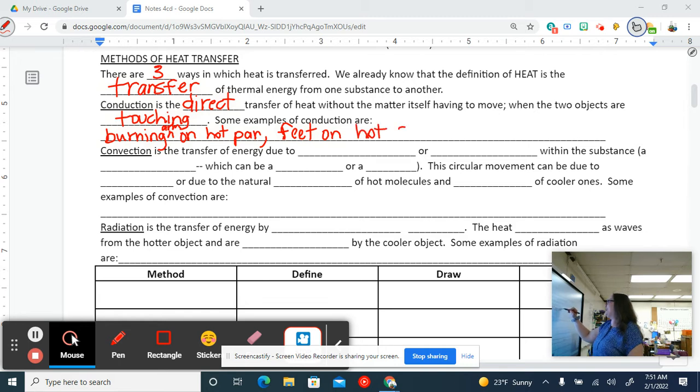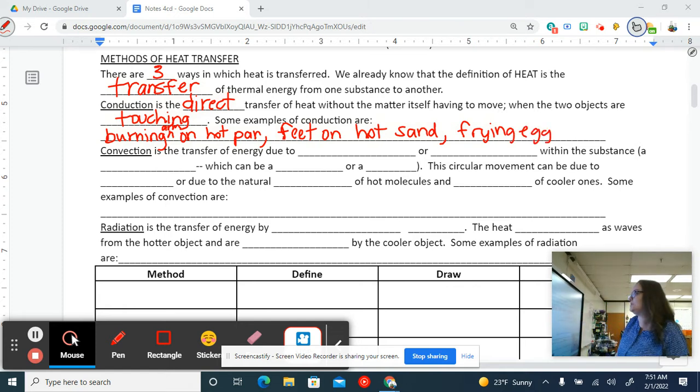Frying an egg, frying a steak, anything that you fry and you put the object directly on the hot frying pan, that's conduction.